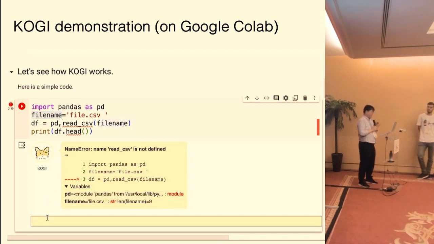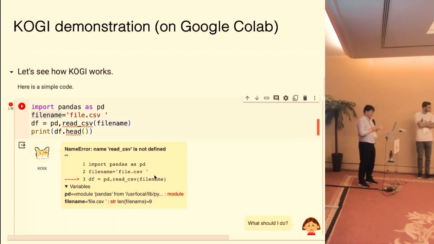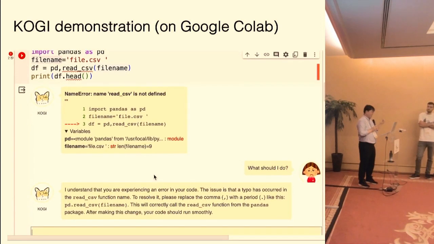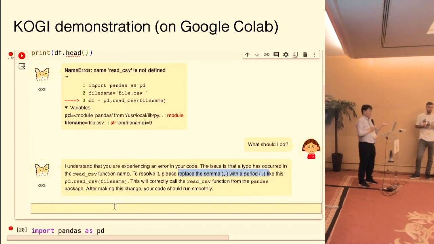But sometimes students can't figure it out, so they ask, what should I do? And KOGI answers by connecting to ChatGPT and answering the question. It gives a hint for the fix to students.